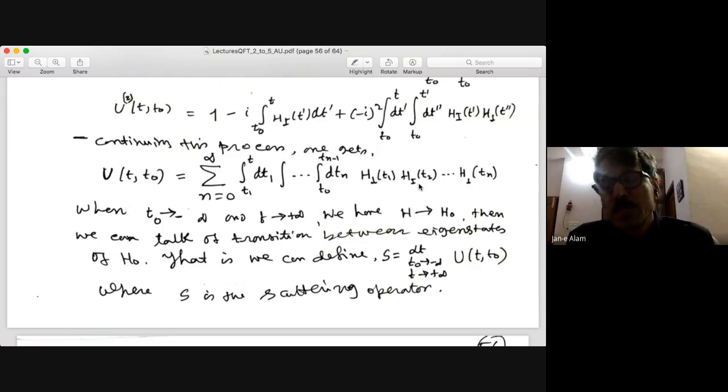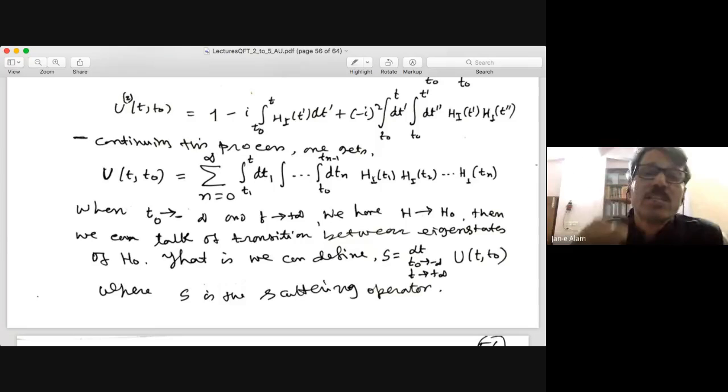But what is involved, very interestingly, is only the interaction. So this is the evolution operator, which contains only the interaction part. Therefore, this will help us to learn the physics due to the interactions in the system, which is very important.